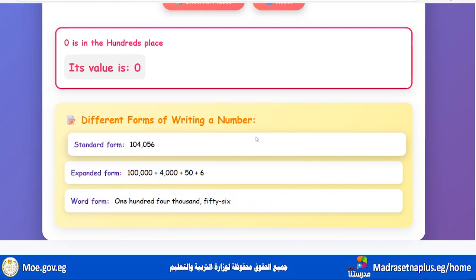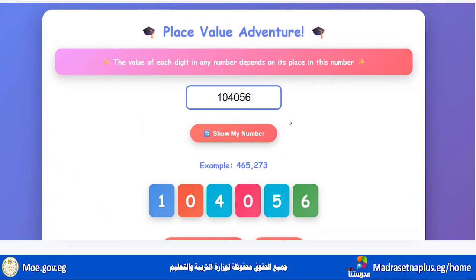Expanded: 1 is 100,000, 4 is 4,000, 5 is 50, 6 is 6. This is expanded form. You can write a number by any one of them: standard, expanded, or word. You can write a number as you want to check the value and the place value of each digit of it. Okay, let's finish it.